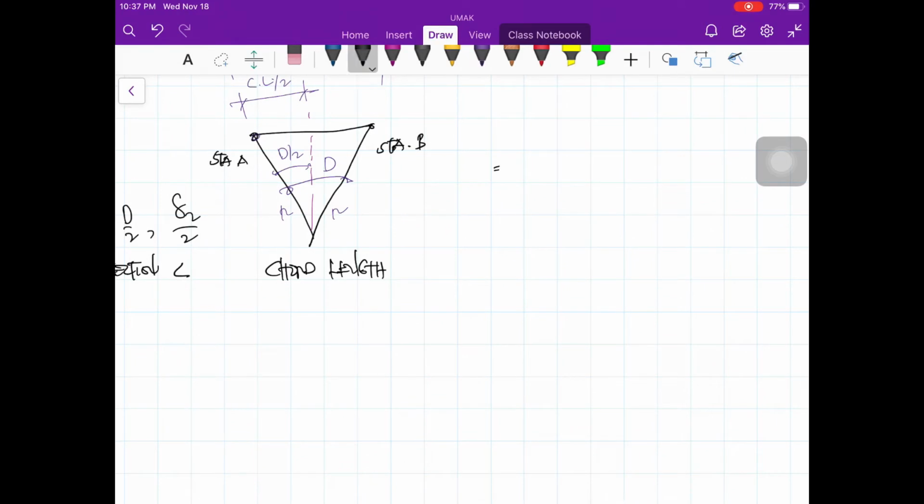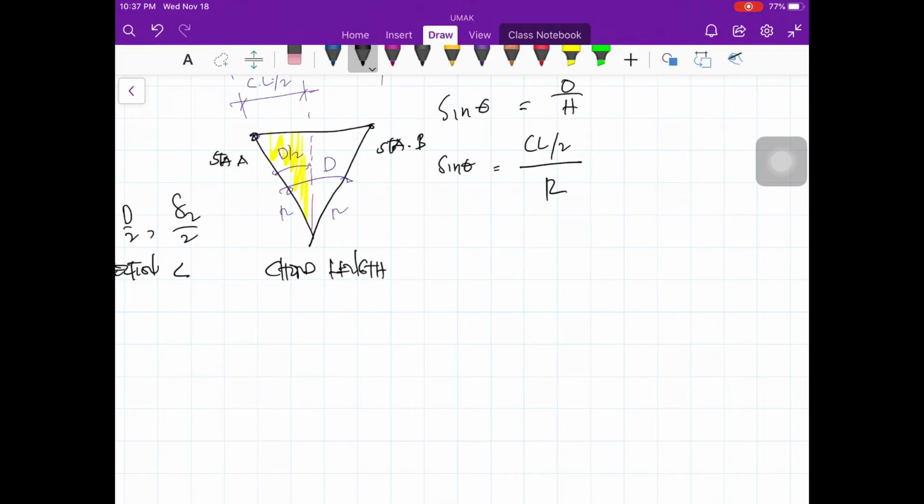How are you going to solve for this? This one will be sine theta, which is opposite over hypotenuse. The opposite is the chord length over 2, and the hypotenuse is r.